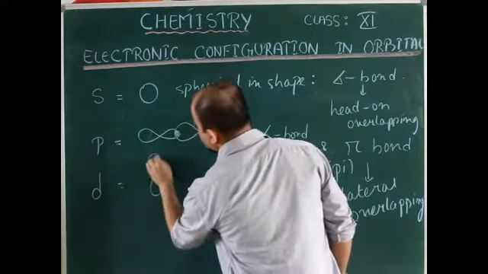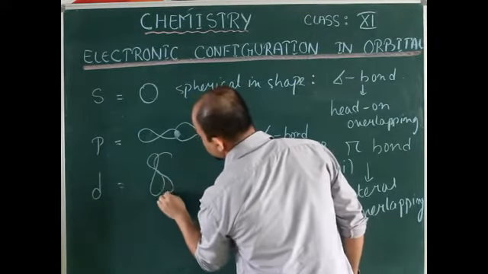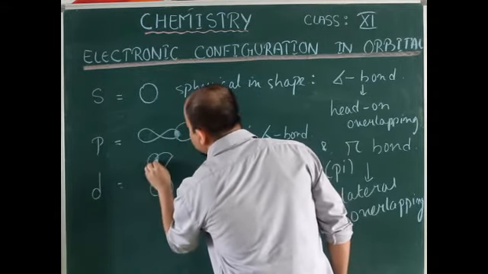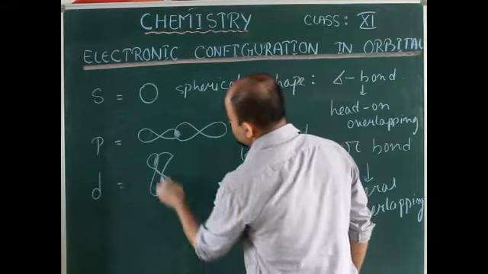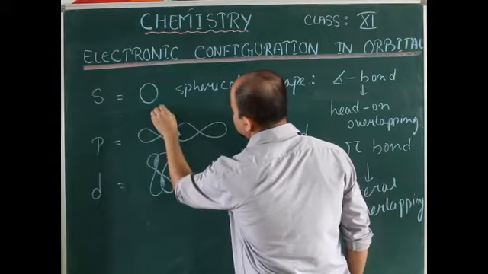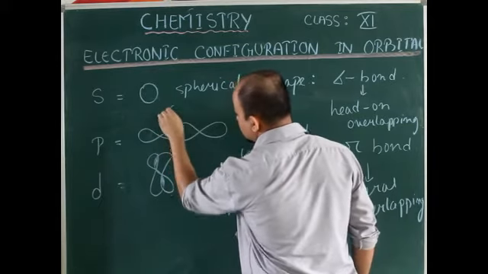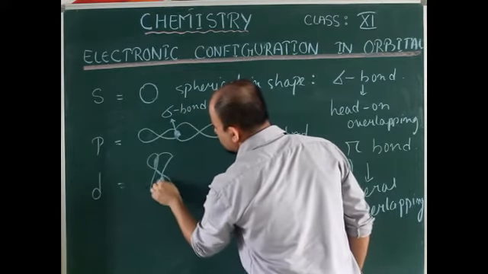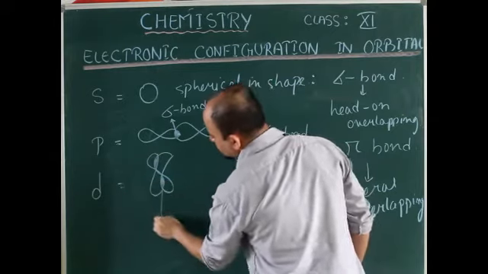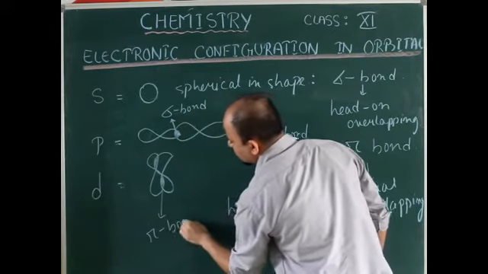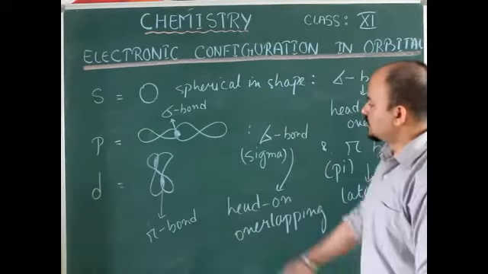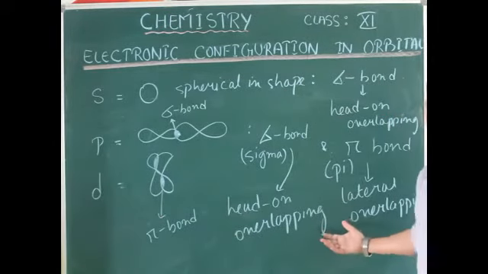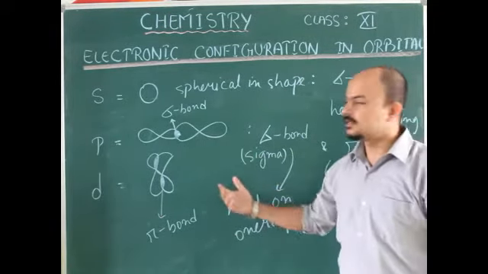Whenever they overlap sidewise, meaning these orbitals come together and overlap in this manner, then this is lateral or sidewise overlapping. Head-on overlapping results in a sigma bond, and lateral overlapping results in the formation of a pi bond. This knowledge is required in your organic chemistry also, therefore you have to know what sigma bond and pi bond are.